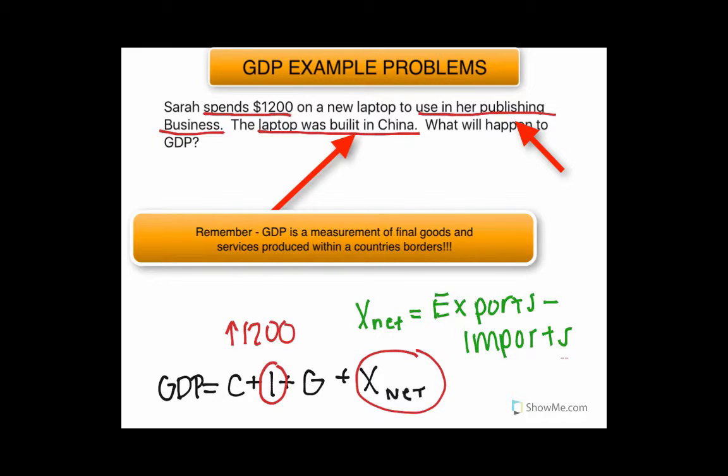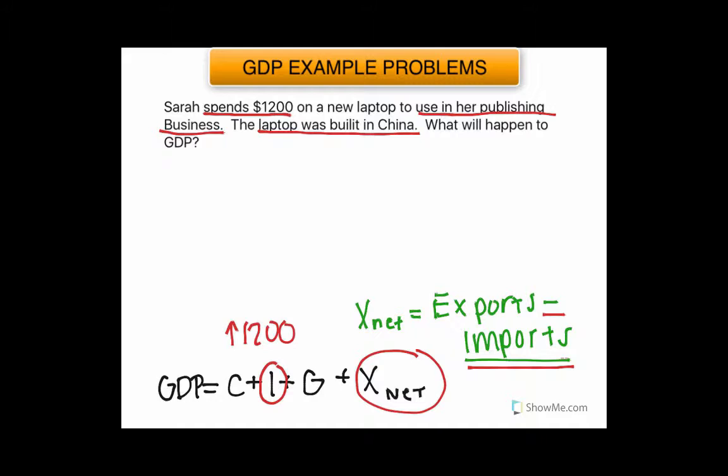So the laptop was built in China. Is this going to be an export or an import? Well, if we brought it here, it's going to be an import, and so therefore our net exports, since we're subtracting our imports out, you see this here, how we're subtracting imports, our net exports are going to decrease by $1,200.